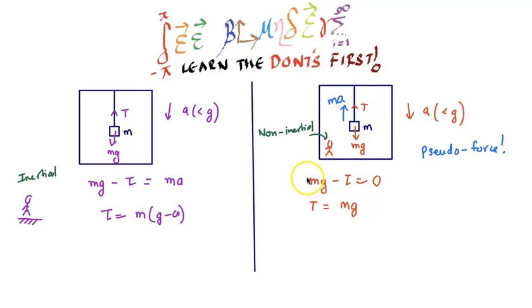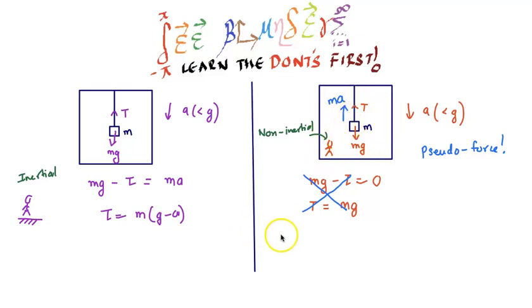And now we have realized that what we did earlier was wrong, and having applied this pseudo force, we can now use Newton's second law. So the same observer will observe this block to be at rest, and these are all the forces acting on the block.